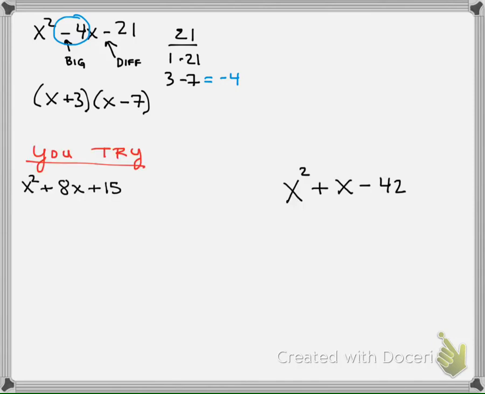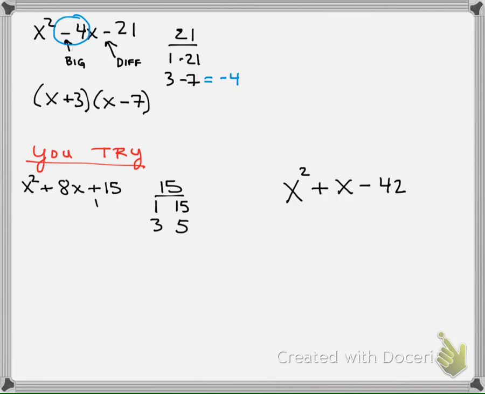Now, I want you to try these two terms. What you need to do is just simply push pause and then try them out. Hopefully you got it, and here we go. You're going to multiply 1 and 15 together to get 15. Then find the factors of 15. 1 and 15, 3 and 5, and that's it.